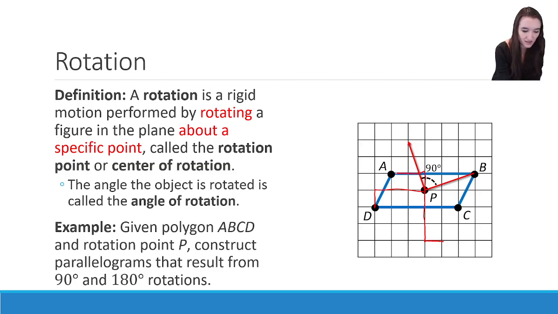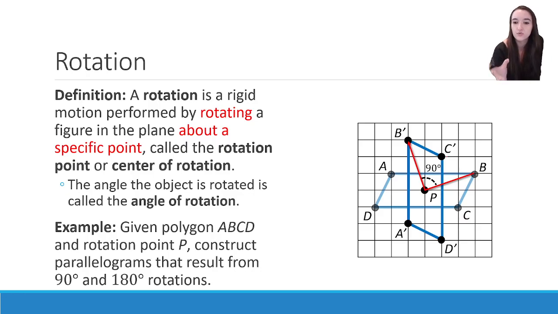I take this L and I rotate it 90 degrees. Take this L, rotate it 90 degrees, and so on. So we create this A prime, B prime, C prime, D prime that is a 90-degree rotation around point P.